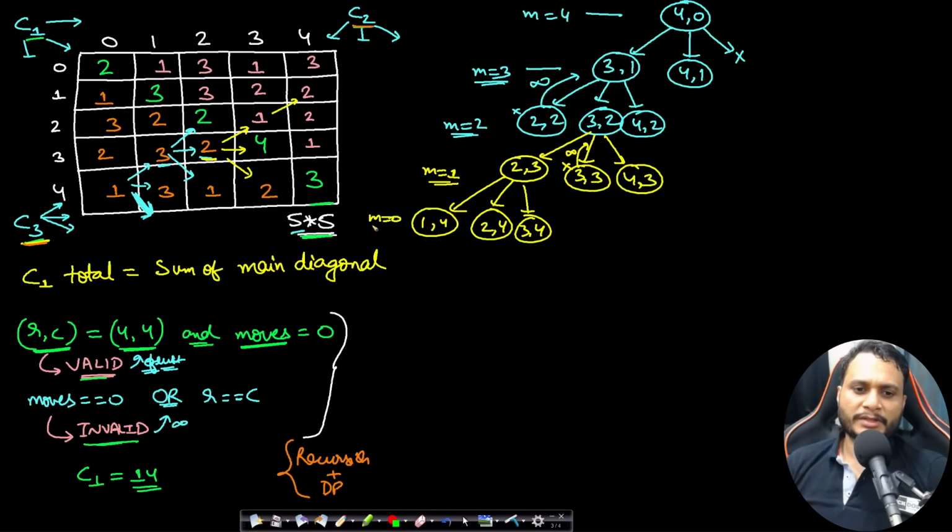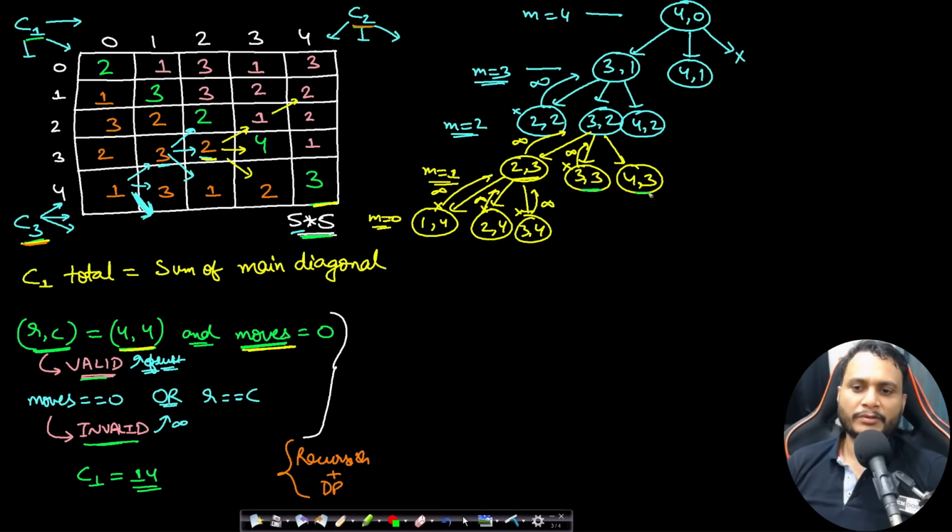The number of moves is 0, and since you have not reached the last cell, which is 4 comma 4, all of these cells are invalid and will all return infinity. Since you got infinity from all the cells, 2 comma 3 will also be invalid and will also return infinity.